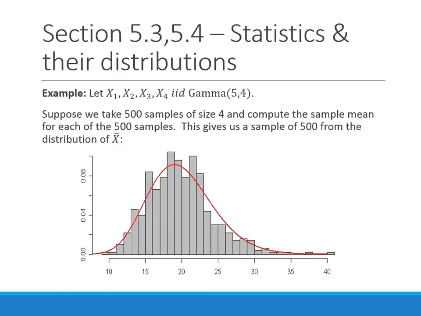I calculate the mean for each of those, and now I have 500 numbers, which are sample means of those samples. And then I can make a histogram here. So this is a histogram of the 500 sample means that I can get from this.